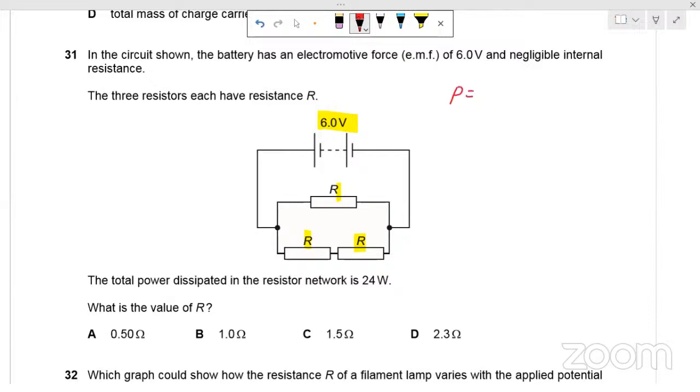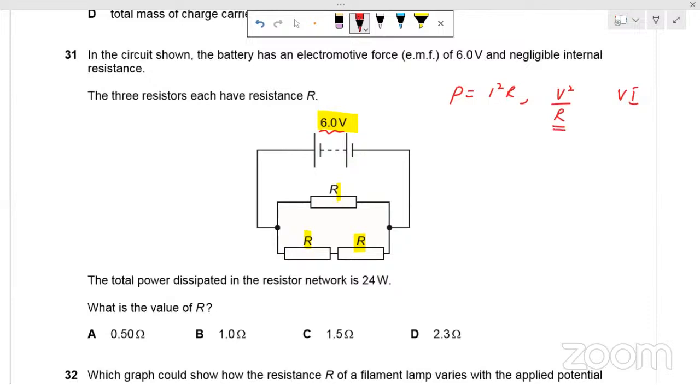We have three formulas for power: I squared R, V squared over R, and VI. So which formula are we going to use? As we know, we are given the EMF of the source, and we have to find the total resistance first, then we can find the value of R. So we will use the second formula.